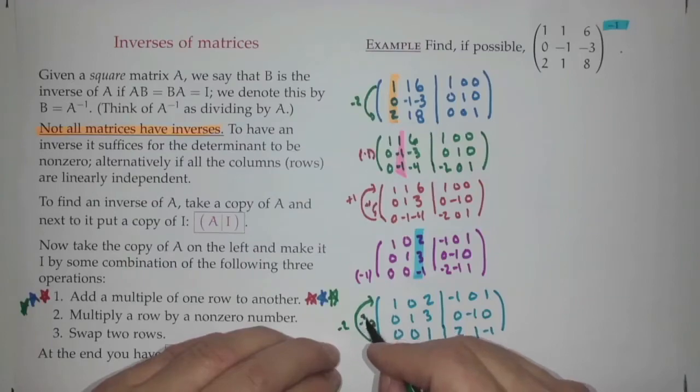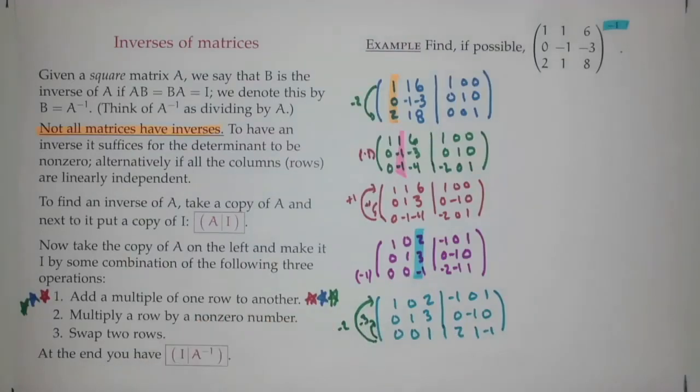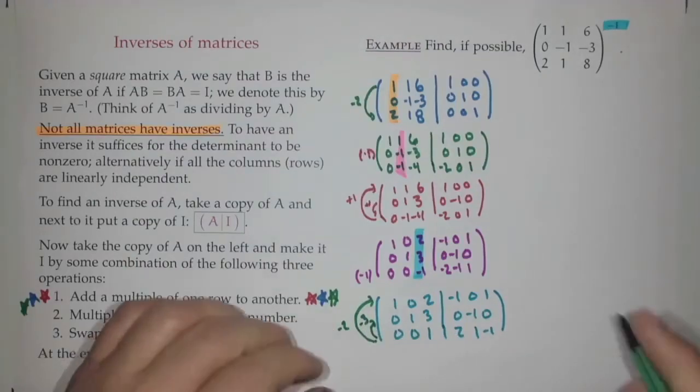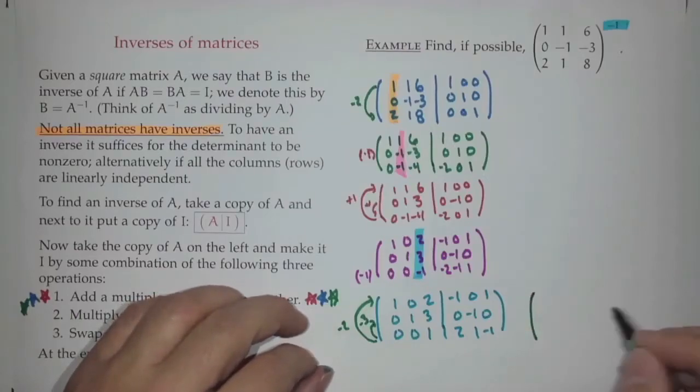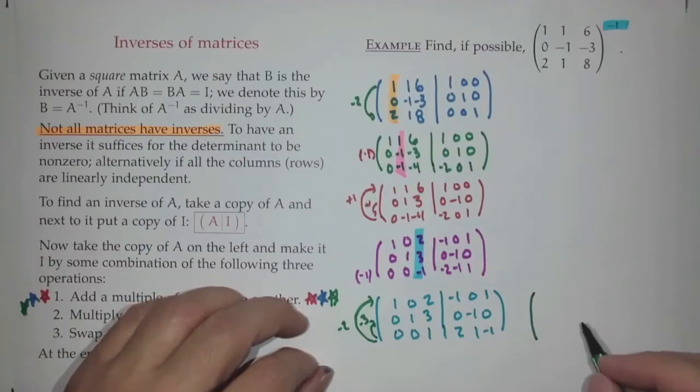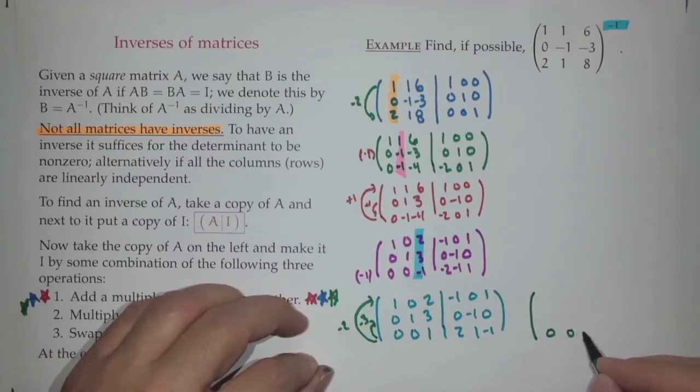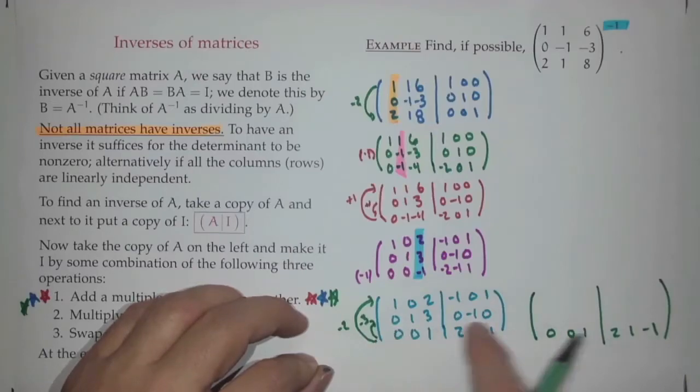So we're being methodical here, and we'll just do it right next here to the side. All right, so last row, we're not doing anything to. So that stays as is. Okay, let's do the middle row.